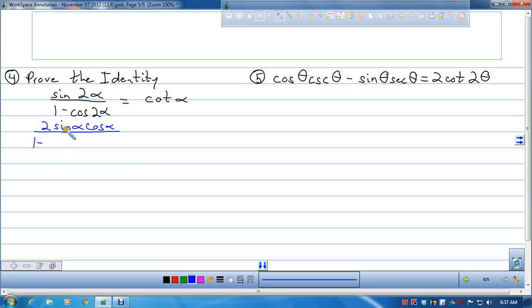Remember, there are 3 different variations of that, but I think what I want to use is the one that has the cosine and sine in it. So let's take a look at that one first.